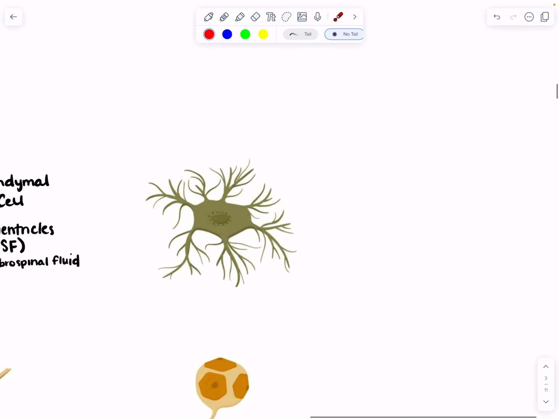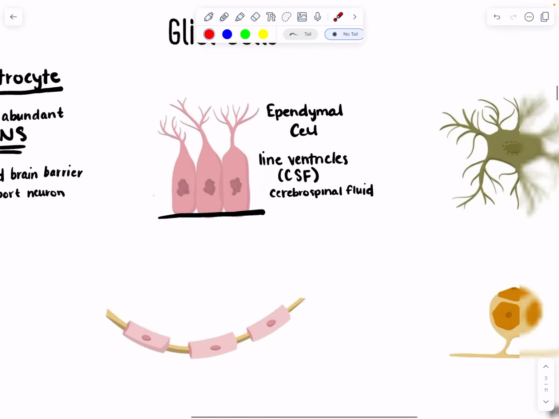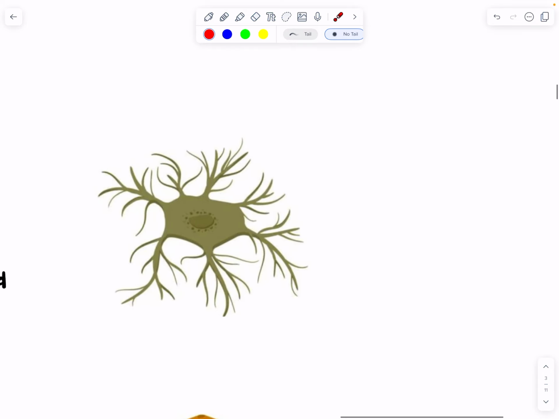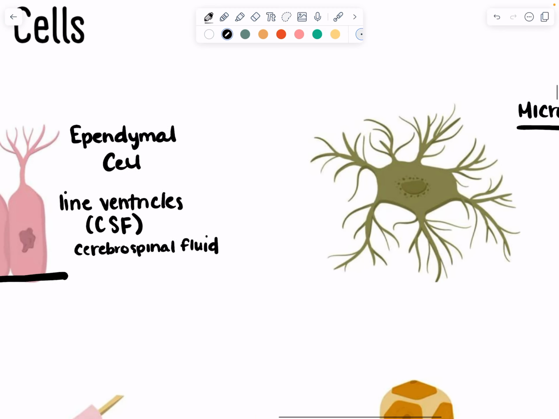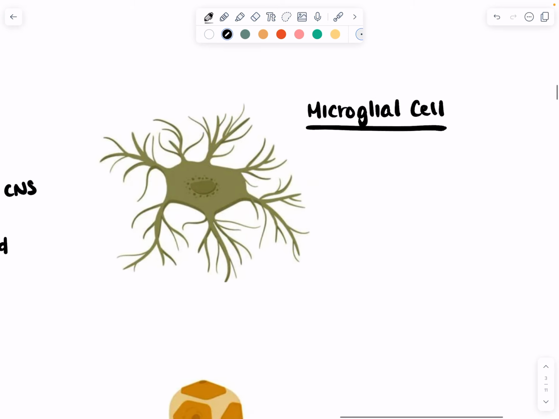All right, our next one on our list. This is a microglial cell. Oh, I didn't mention ventricles are within the central nervous system, so ependymal is also central nervous system.